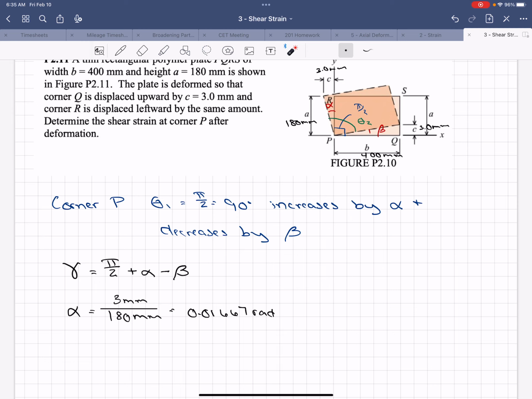Okay, next step, calculate what angle beta is. Again, we don't need to worry about this; we would be using tangent.